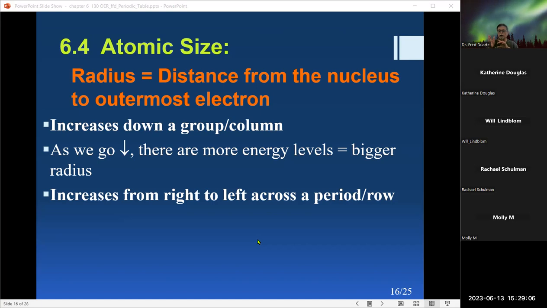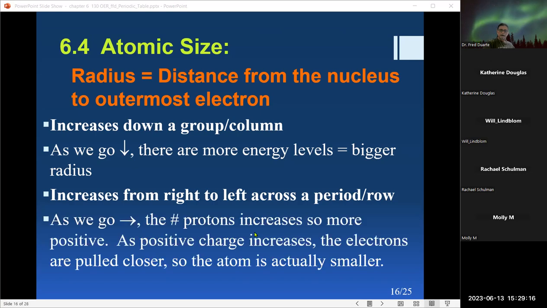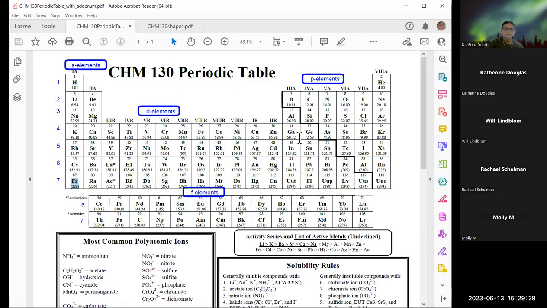Or, I tend to think of it from left to right: as we go from left to right, the radius gets smaller. And again, it's kind of counterintuitive. But here's the thing, and the best way to demonstrate that is using the periodic table.